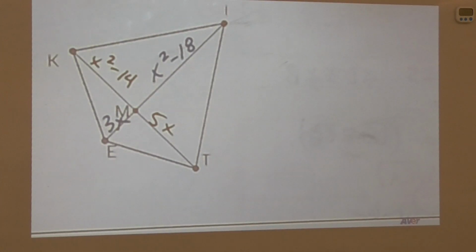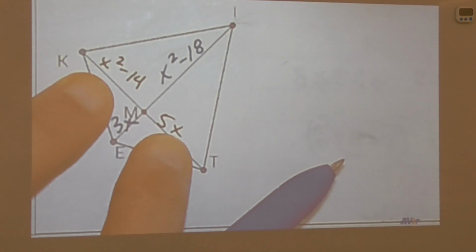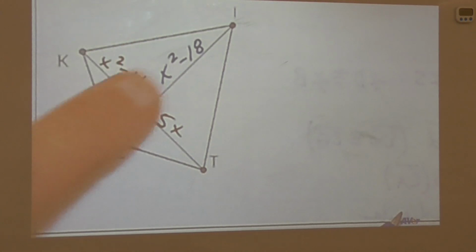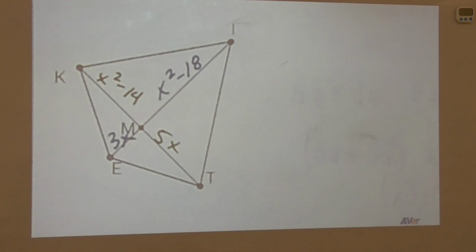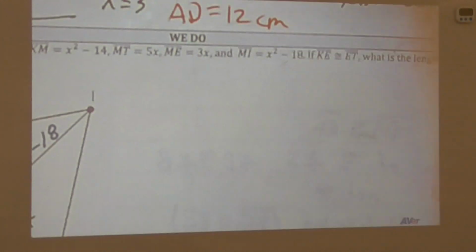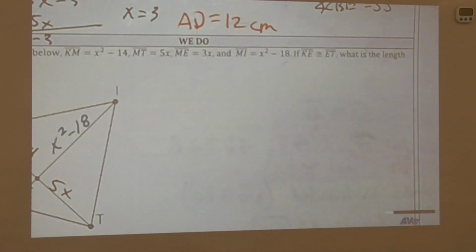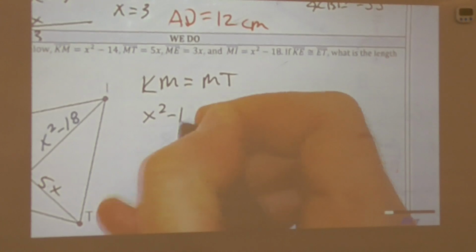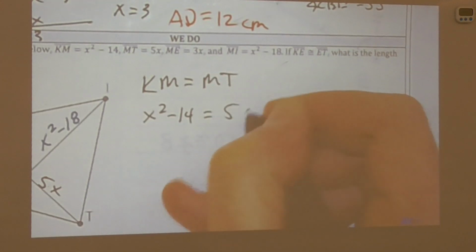So that means we can take the pieces from KT and set those equal to each other. So this is KM equals MT. Then substitute for KM, you have x squared minus 14, MT, you have 5x.